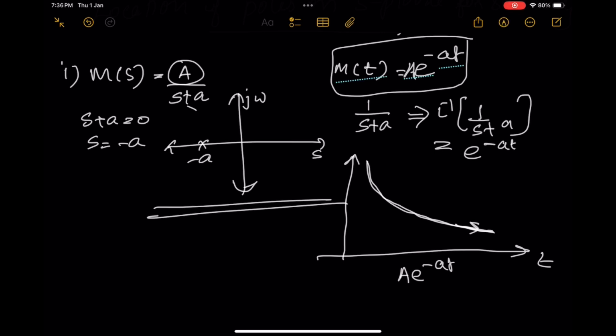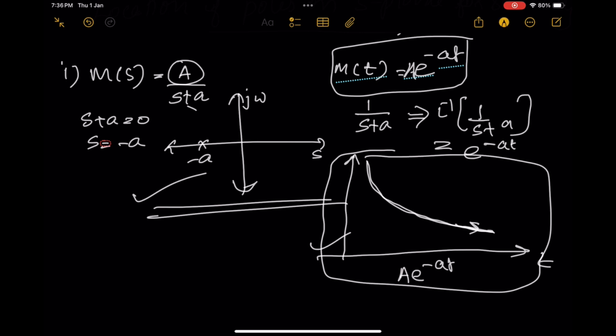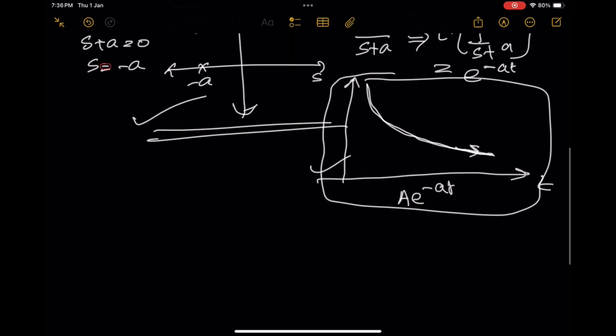But if you know how to draw the graph of the given system, then you could also say it from the graph itself. So either this way or this way you can say.